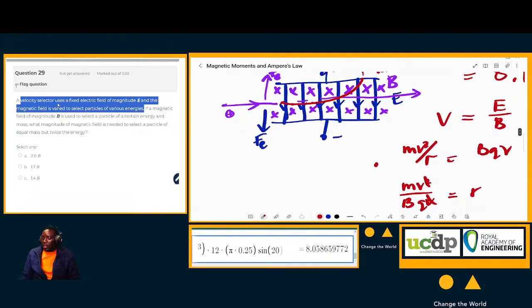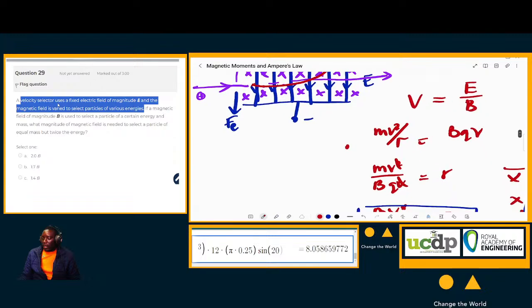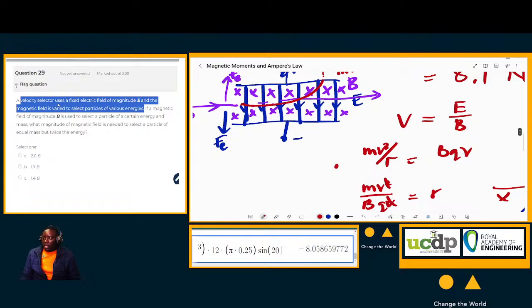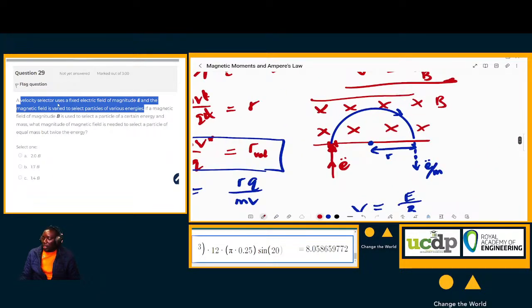So in other words, we can think of it in this case as one where we have crossed fields, because we're talking of the E and the B field together being used simultaneously. Whereas in this case, it's basically the magnetic field.